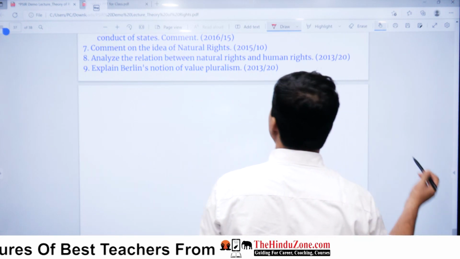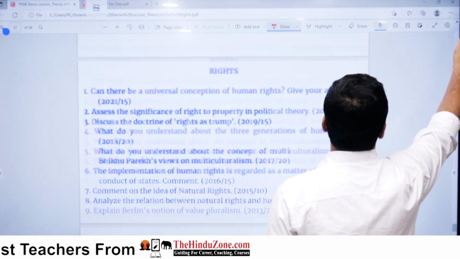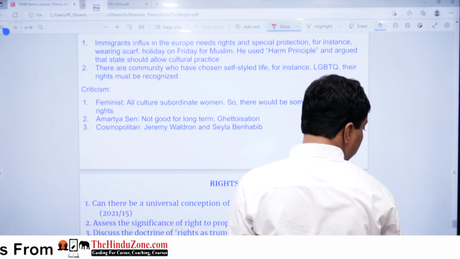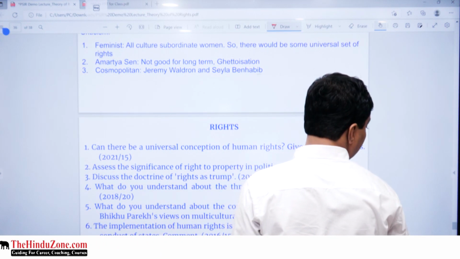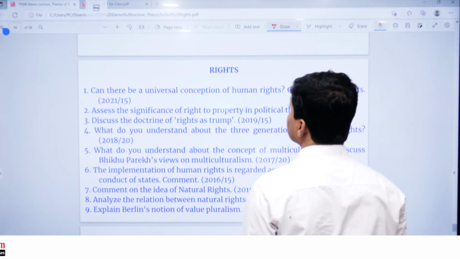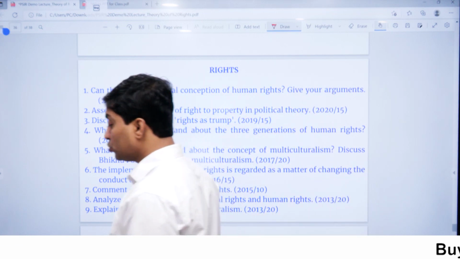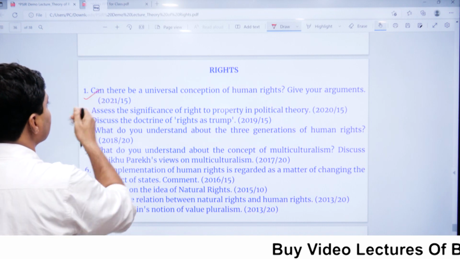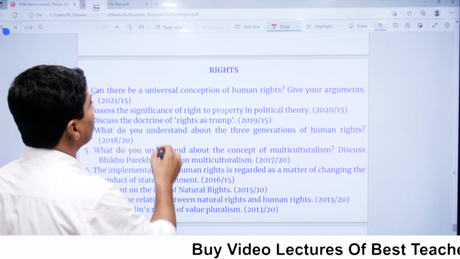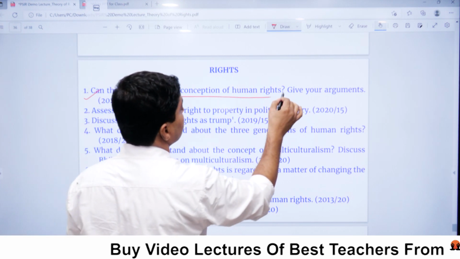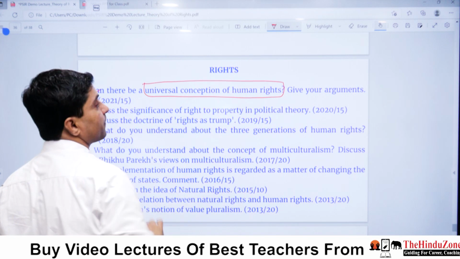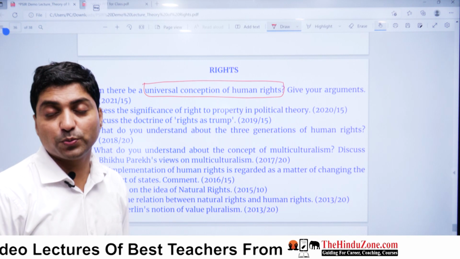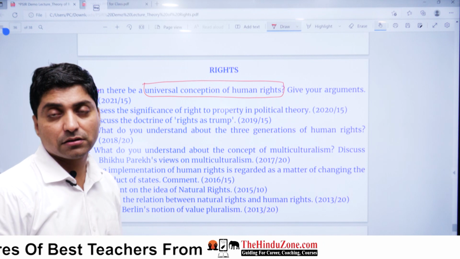Now look at the questions UPSC has asked from 2013 to 2021. Look at the first question. Can there be a universal conception of human rights? Can we talk about a universal conception of rights?